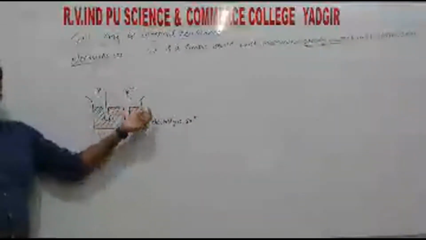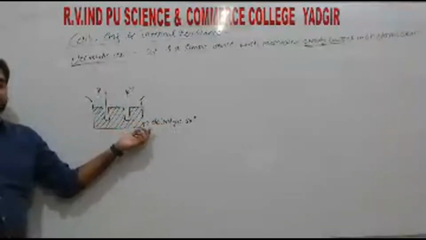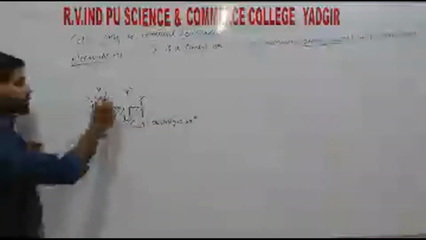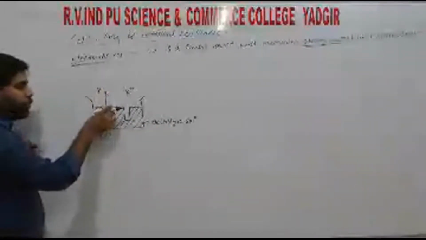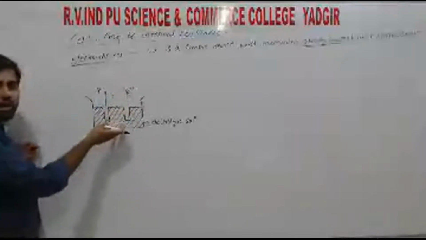Solutions means fluids, so it acts as a liquid conductor. So P is the positive electrode and N is the negative electrode, and this solution is also a conductor, right?